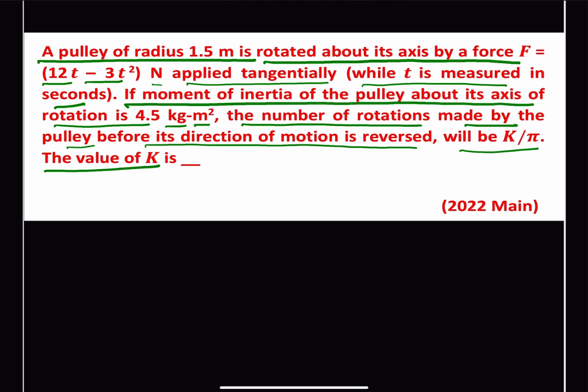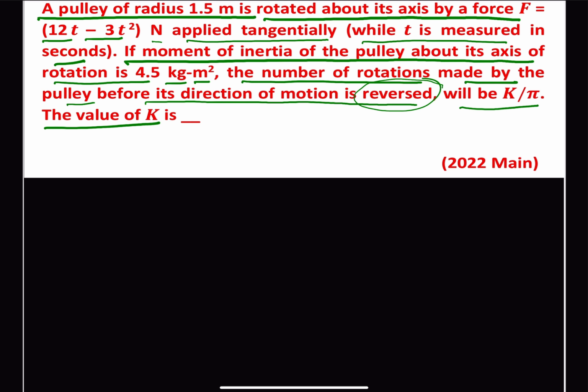So here we are having a pulley and force is applied tangentially. First, if you assume that it is moving towards the right side, then its reverse motion will be toward the left side.